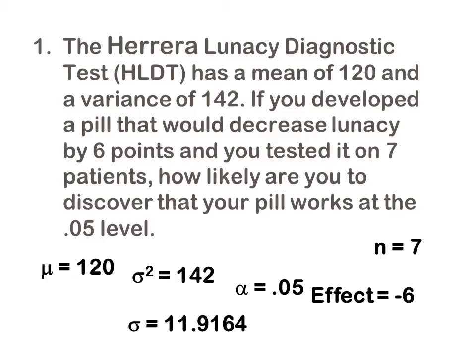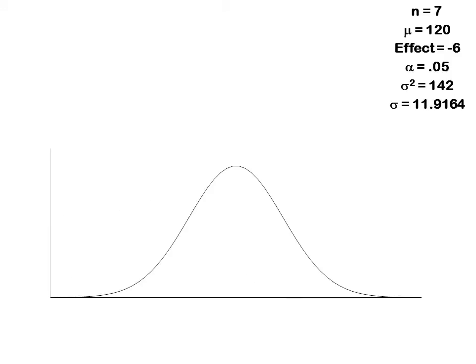So that's our problem. The first thing we're going to do is draw the null hypothesis. I'm going to put our information here in the top right corner so it's easy for us to remember it. We draw a normal curve. We put a line down the middle. Now, if the treatment doesn't work, then the patients that have had the treatment should have the same mean as the patients who have not had the treatment, which would be 120.